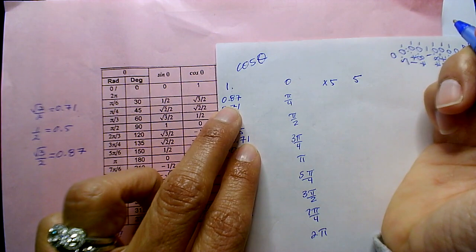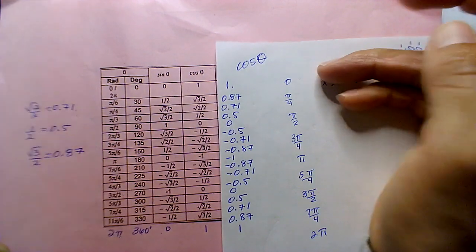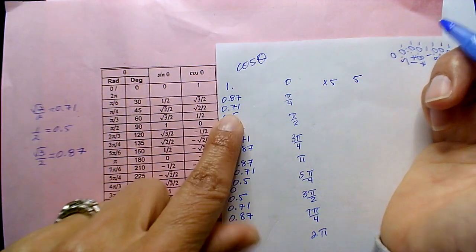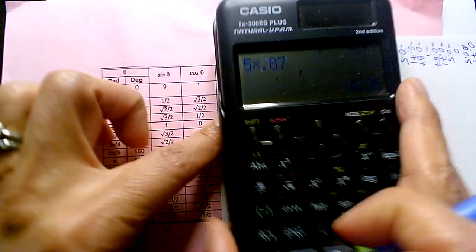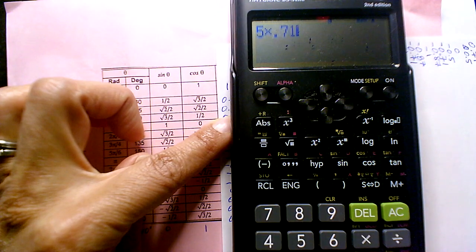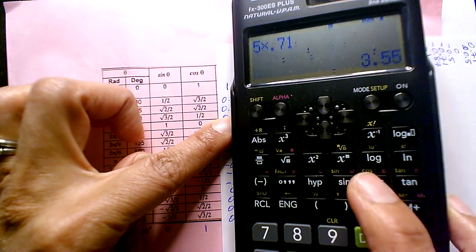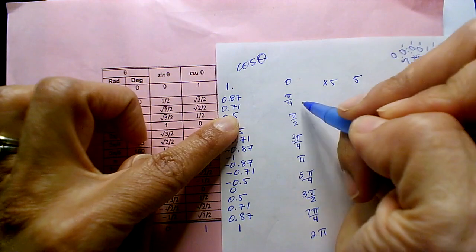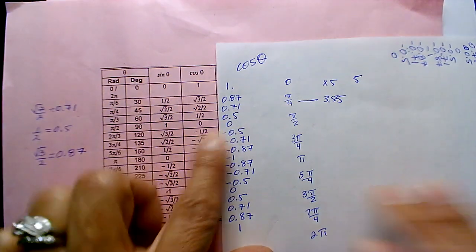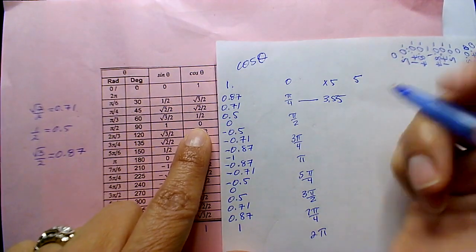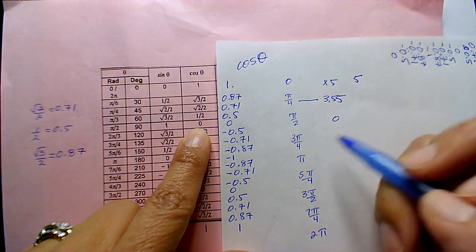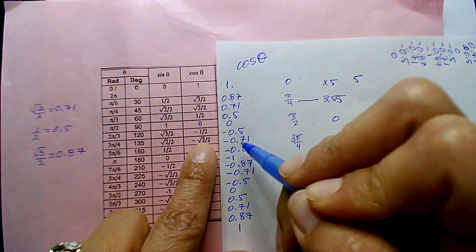Do we do them all? I'm only going to do the pi over 2 ones, so let's do this one. Pi over 4, so it's not 0.71, it's going to be 3.55. Pi over 2 is 0, so that'll still be 0, because what's 5 times 0? 0. Next, 3 pi over 4.